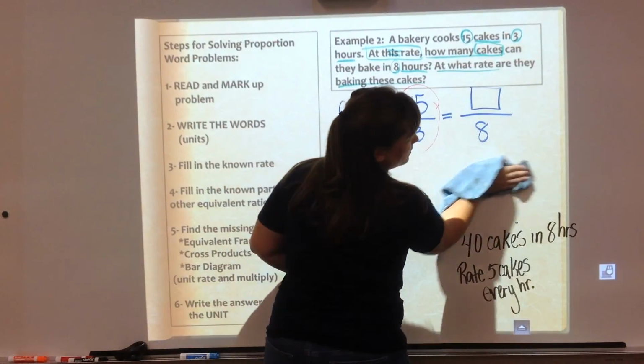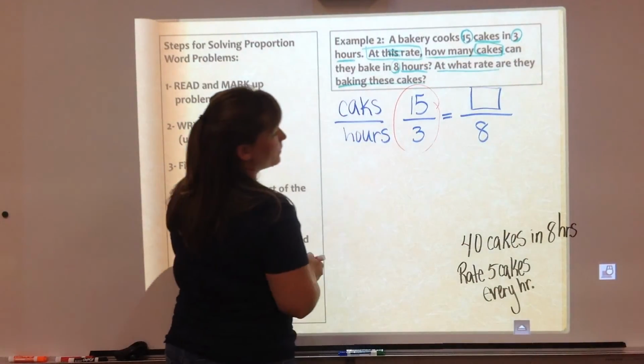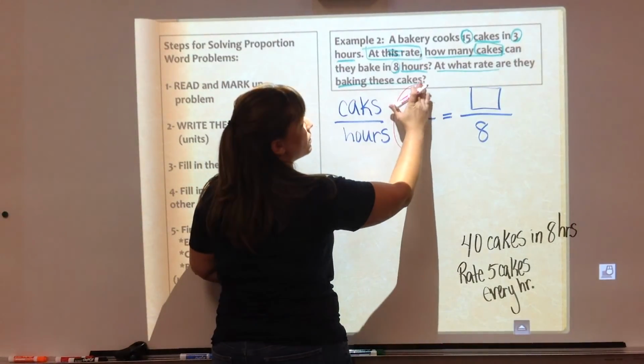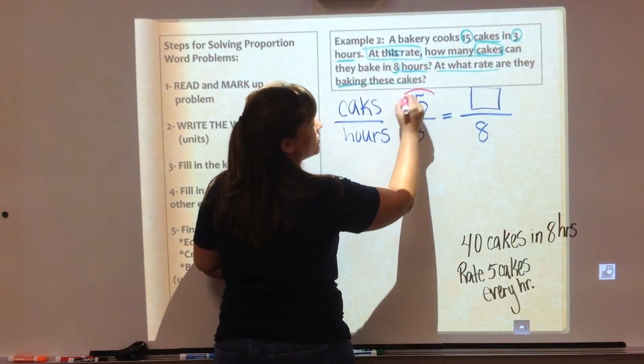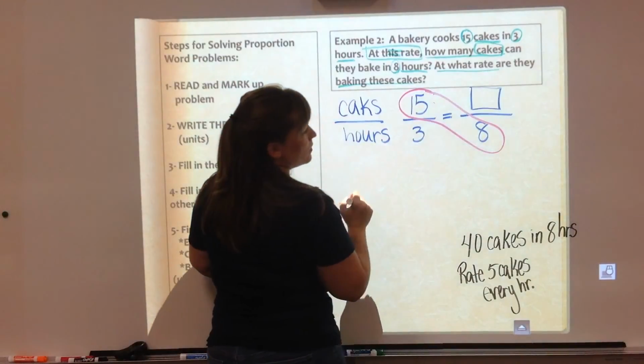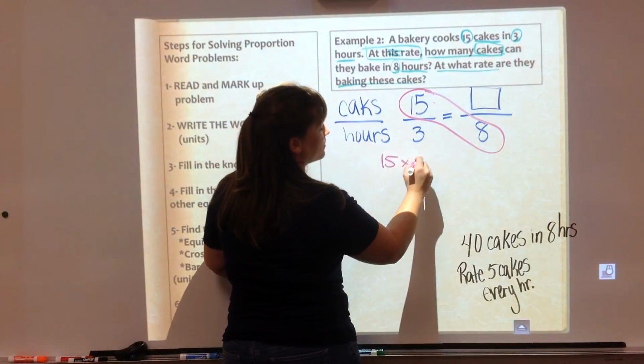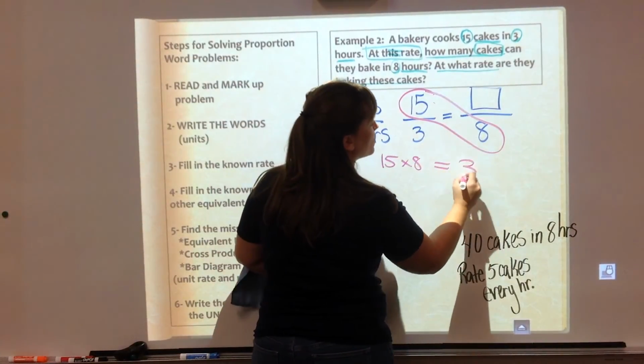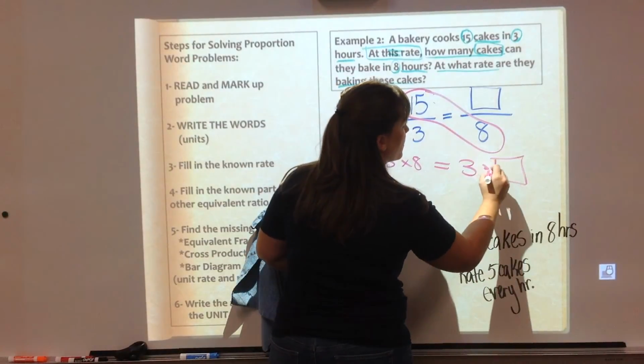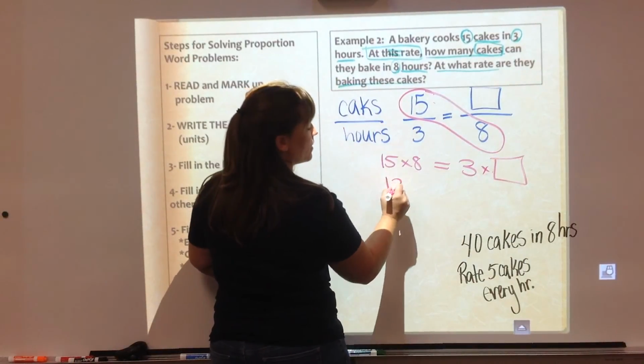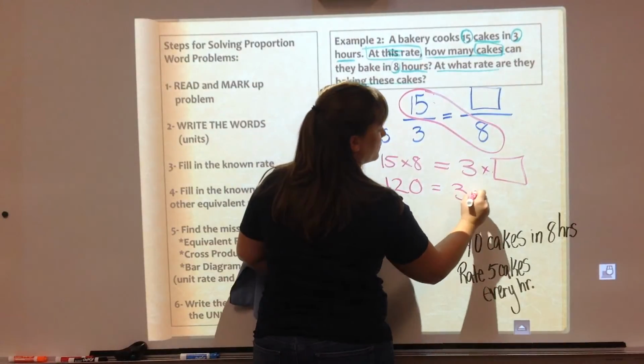Answer is still 40. Here's another way we can prove it. We're going to take our 15 and our 8, and we're going to multiply them together. That's going to be equal to 3 times something. 15 times 8 ends up being 120.